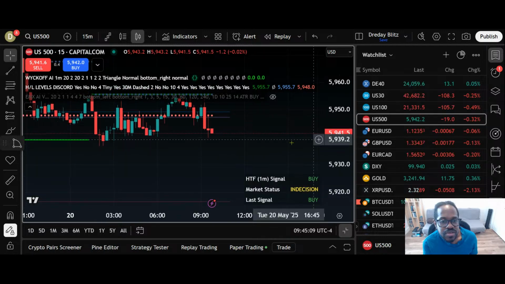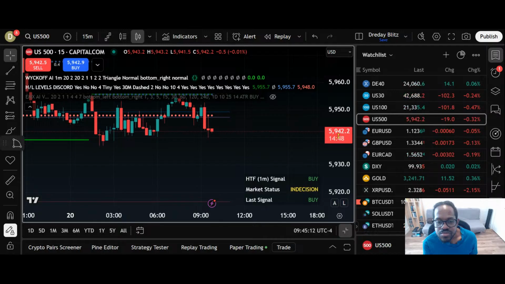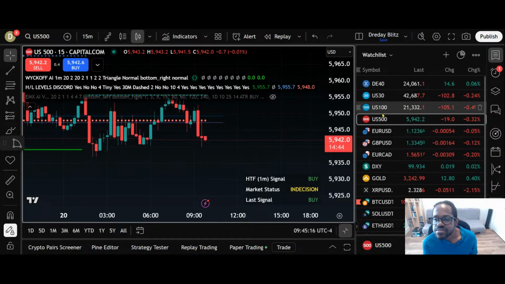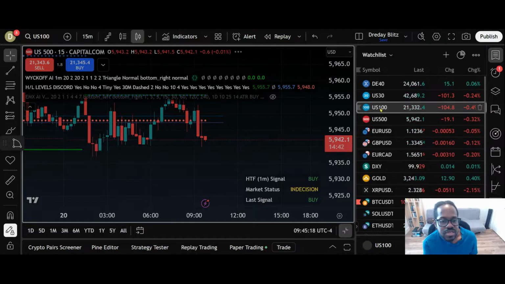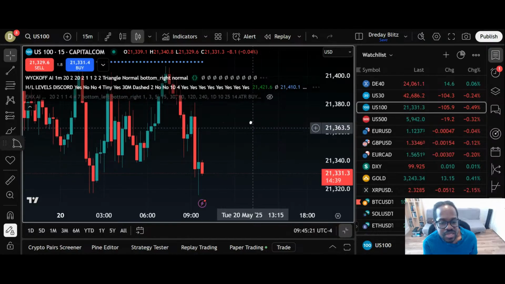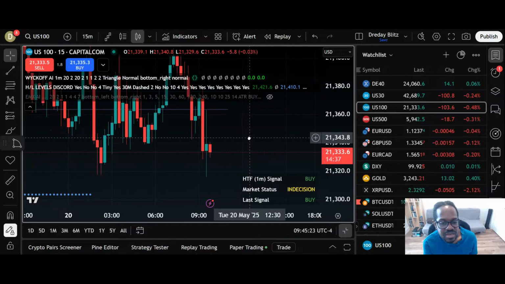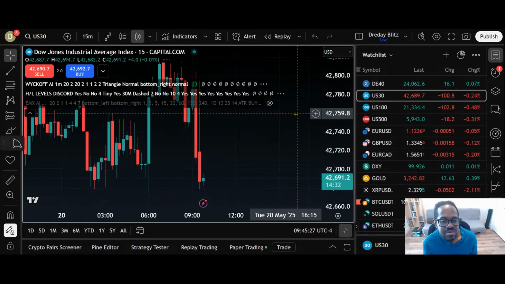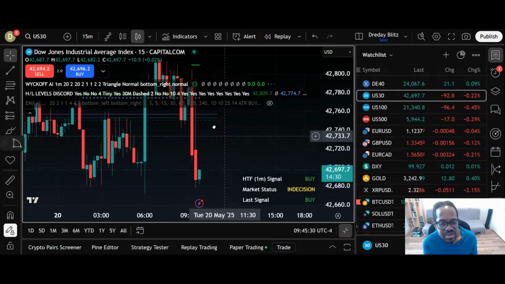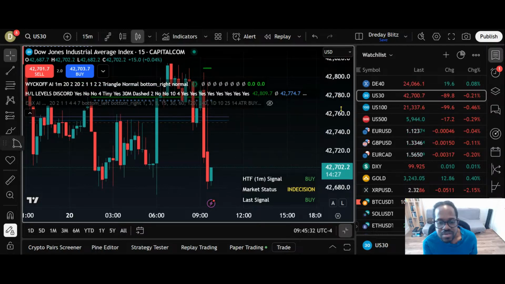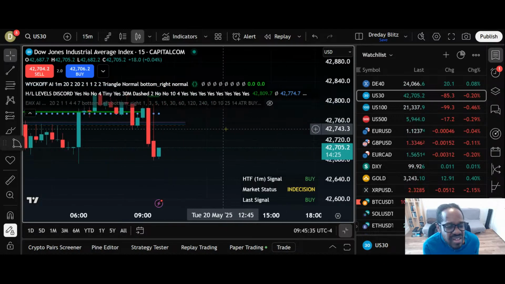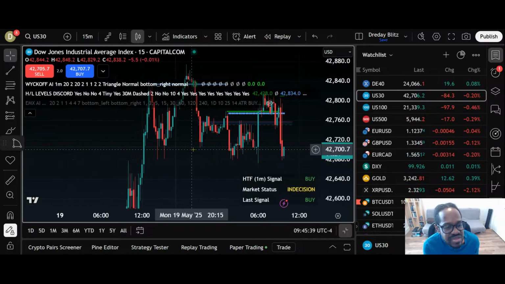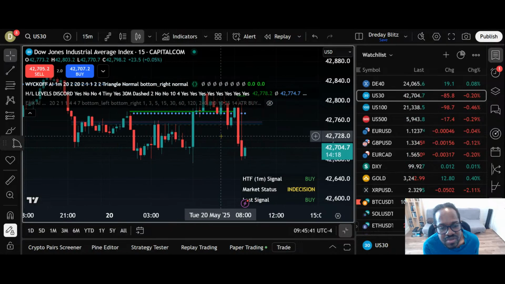So we'll see if it's gonna try to break that level or continue going up. I think most of that is S&P 500. NASDAQ did basically the same thing, and S&P 500 broke this level here.